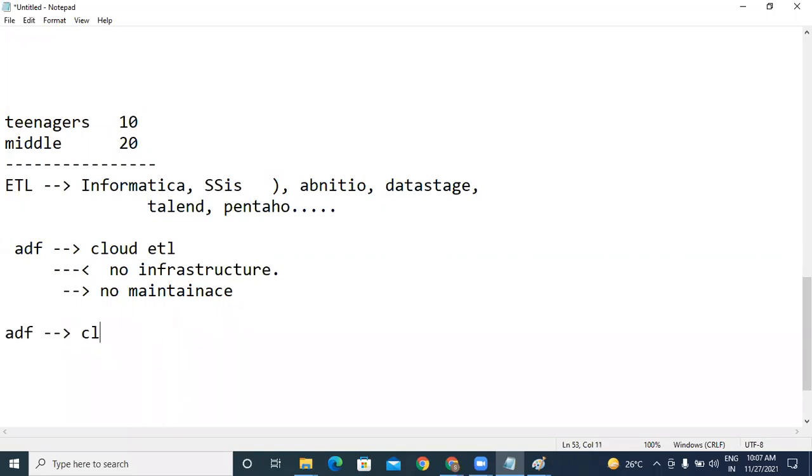It is a cloud ETL. Now, this is one of the data engineer products in Azure Cloud. What are all the other different products in the case of Azure? We will be discussing Azure data engineer products.